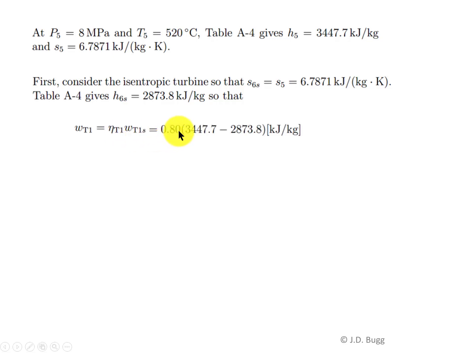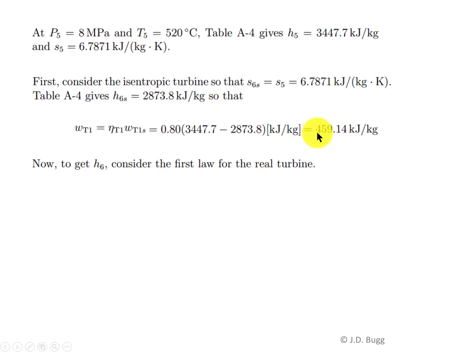So the efficiency is 0.8, H at the inlet is 3447.7, and the isentropic exit is our 2873.8 that we just looked up here. So this tells us that the work produced by the first turbine is 459.14 kilojoules per kilogram.